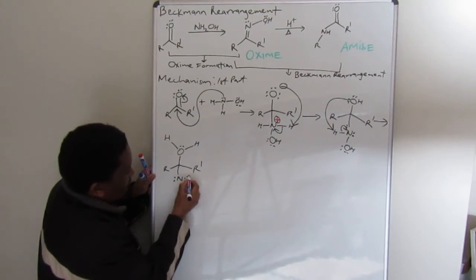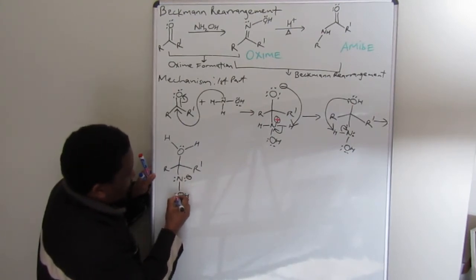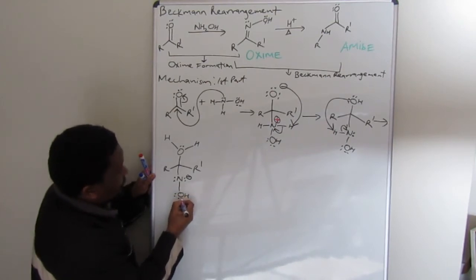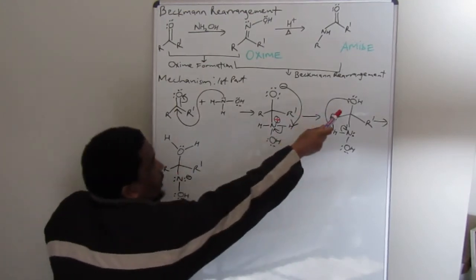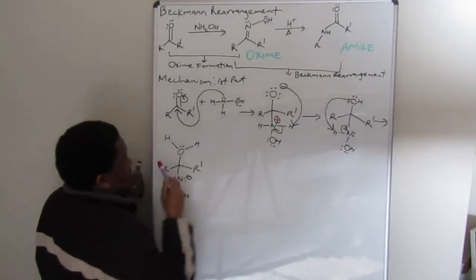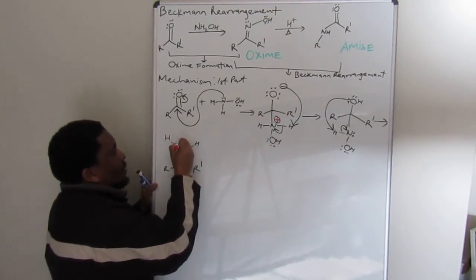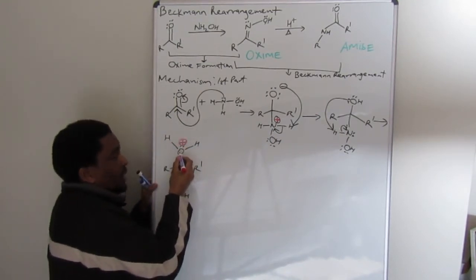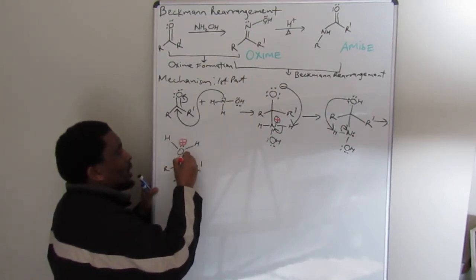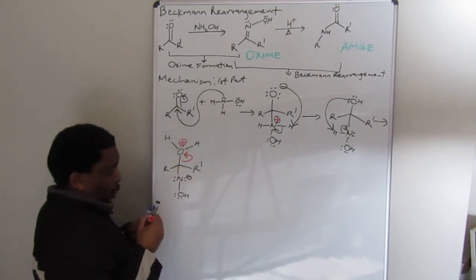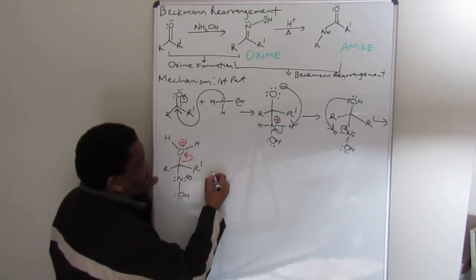Now there's going to be a negative charge on this nitrogen, which is bonded to OH. The oxygen was neutral in charge. It has picked up a proton, therefore it becomes positive. We've got water, that is positive. Then water becomes a good leaving group.